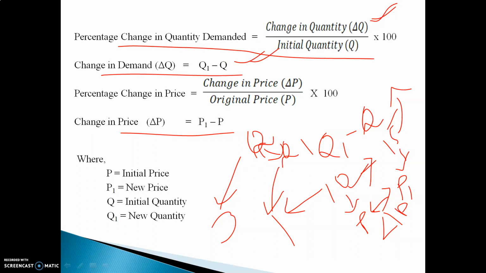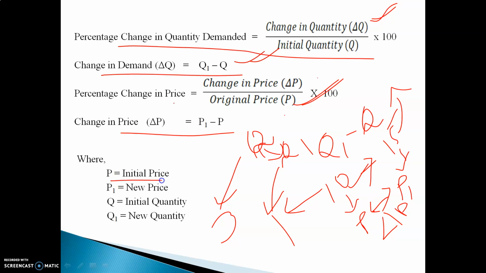When we put this in the formula, we get the percentage change in price, as we talked about in the previous slide. Change in the price level is delta P, and the original price, the initial price level, is P. So we just need to substitute the values.